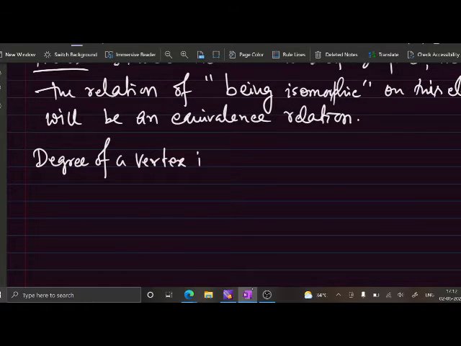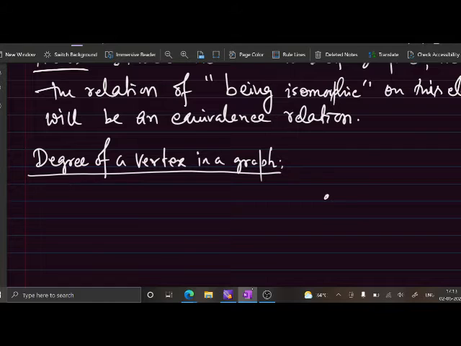Degree of a vertex in a graph means the number of edges that are incident to that vertex. That means if you take a graph and consider a vertex, then how many edges are incident to that vertex. So here it is 3. If you label this vertex as V, then the degree of that vertex is 3.